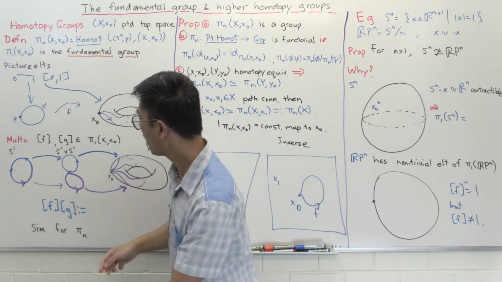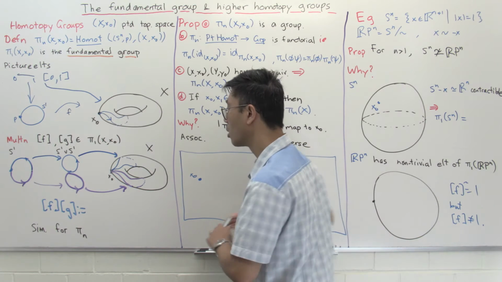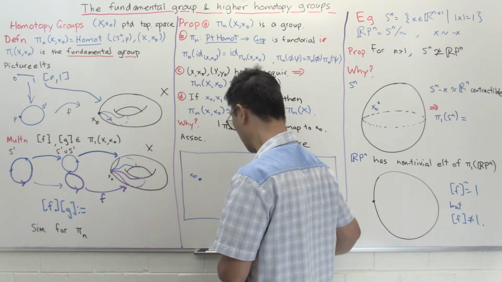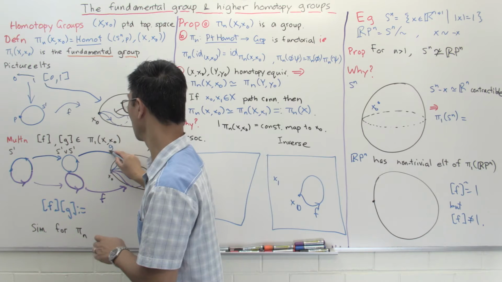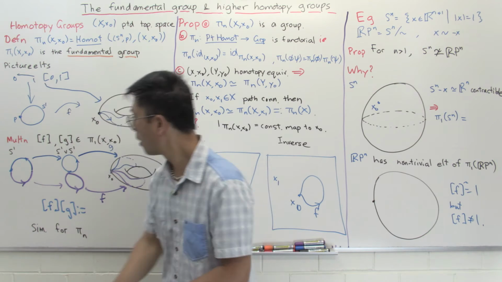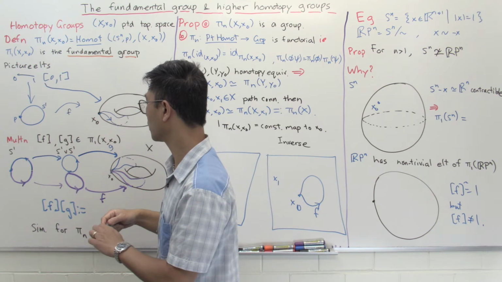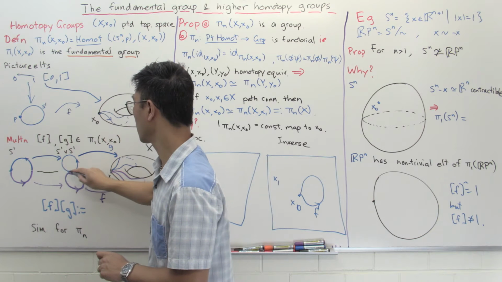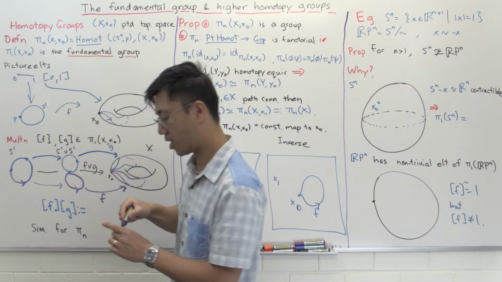So to this purple circle, you can apply f, and to the blue circle, you can apply g. And the composite map here is called f wedge g.